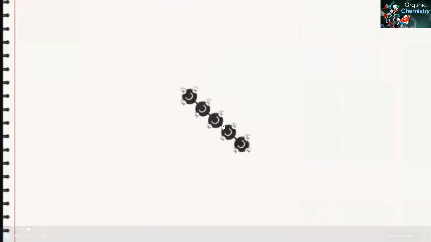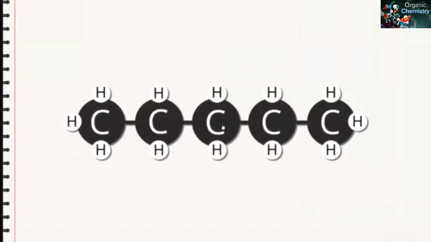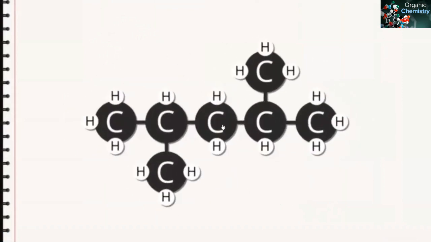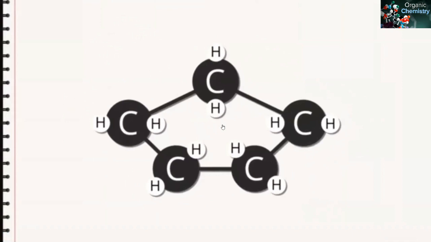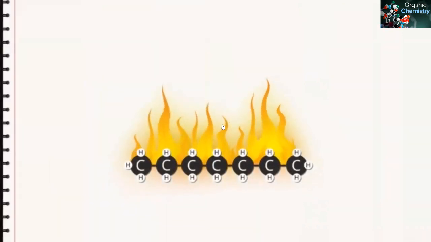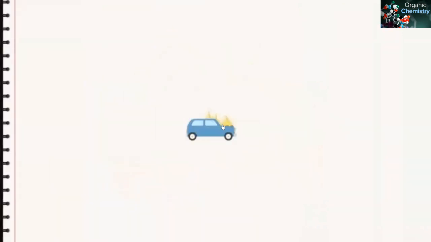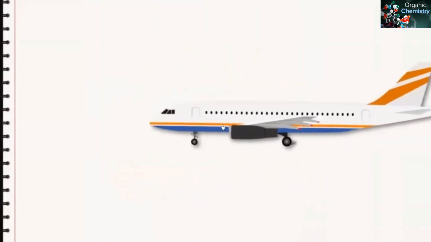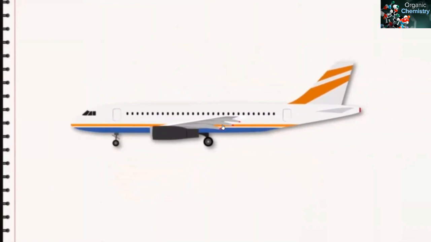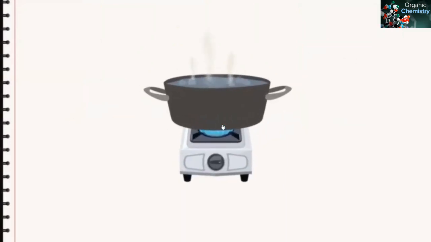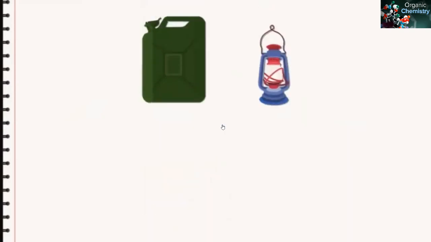They can have different lengths, they can be straight or branched, or form rings. They give a lot of energy during combustion, so petrol, diesel, and aircraft fuel are mixtures of different hydrocarbons. The gas in gas stoves is composed of hydrocarbons, and so are most kinds of oil.